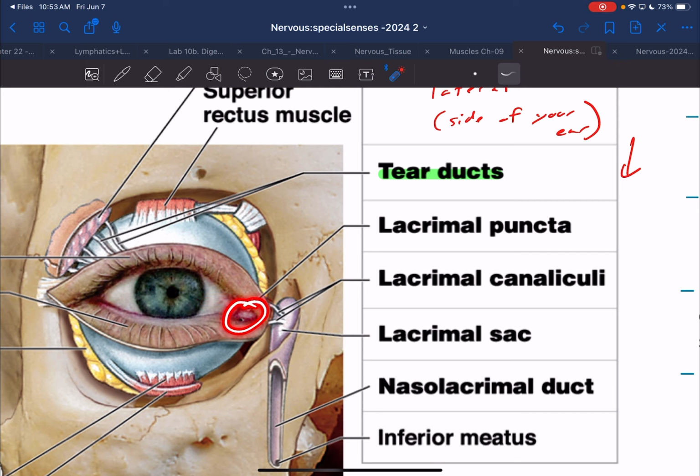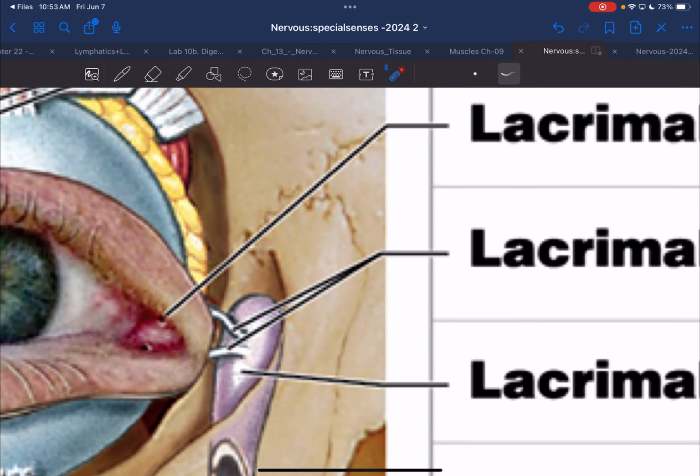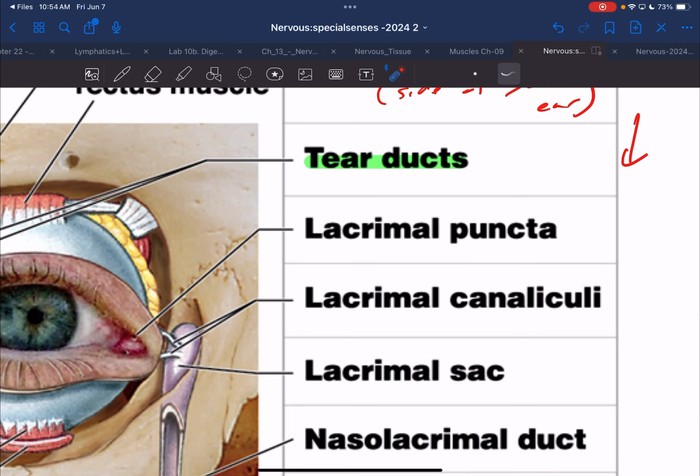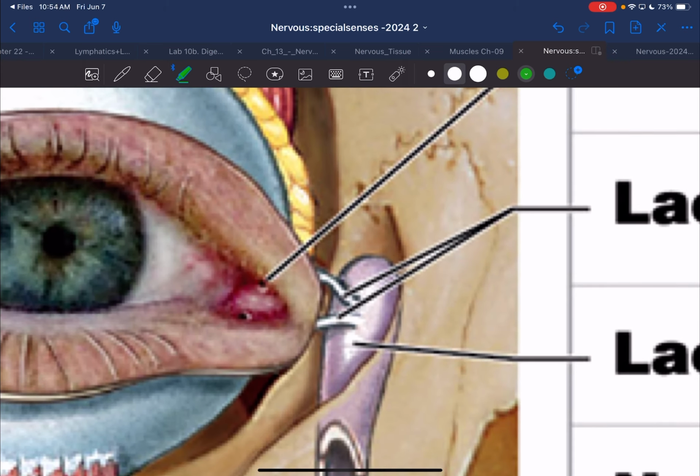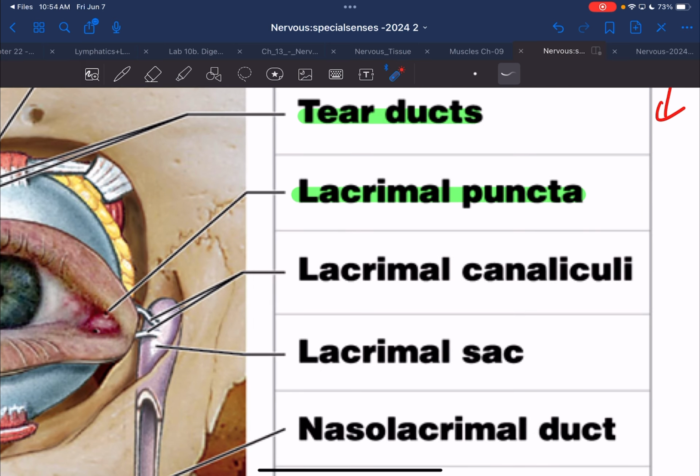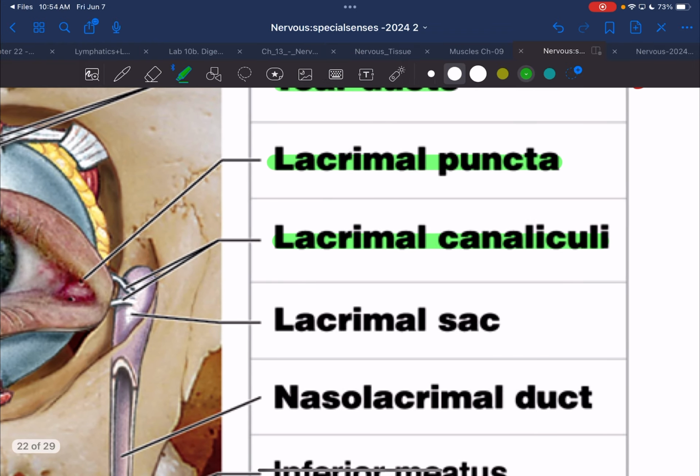In this space, which was your lacrimal caruncle, the name of this pink region, you're going to see that you have openings into your nasal cavity. These openings are called the lacrimal puncta. You can actually visually see these. If you look in the mirror at this region, you'll see two little ducts in there. Those are your lacrimal puncta. They send tears through the lacrimal canals, but they're little canals, so we call them lacrimal canaliculi, which means little canals.